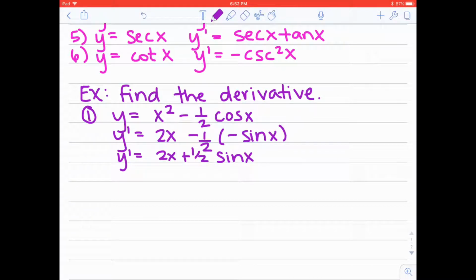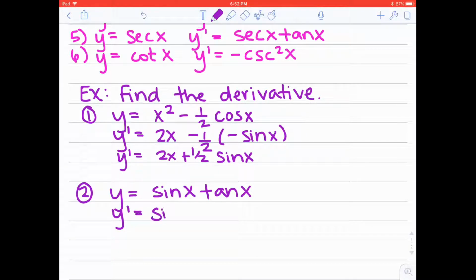Alright, for the second problem, we're going to do y equals sine x tan x. And you got to watch out for these because that's actually the product rule. You have sine x times tan x, and there's no way for you to rewrite it so you can avoid the product rule. You just have to do it. So we're going to say that our derivative is the first times the derivative of the second. So the first is sine x.